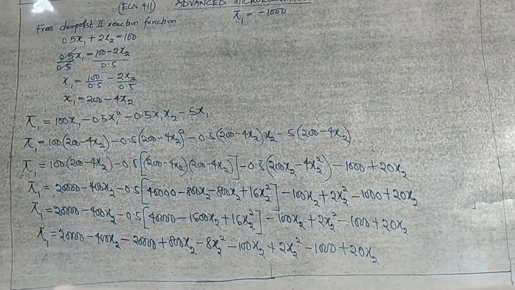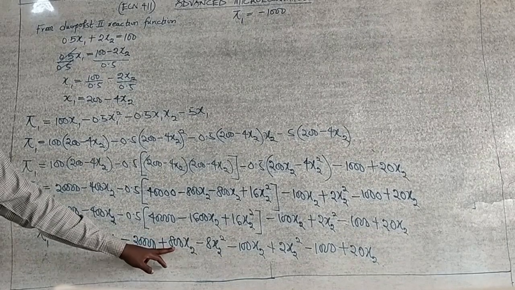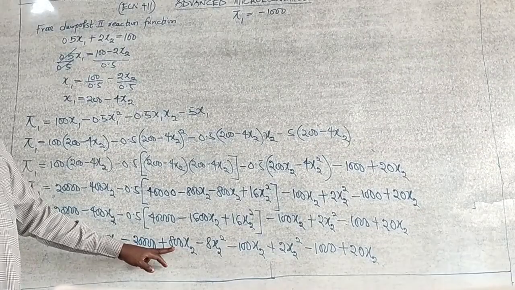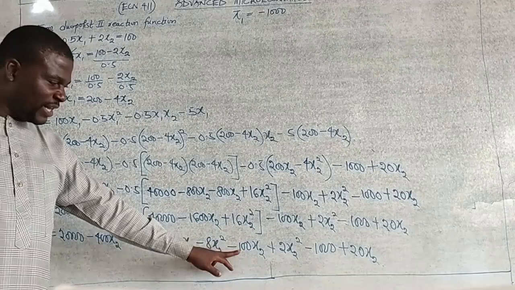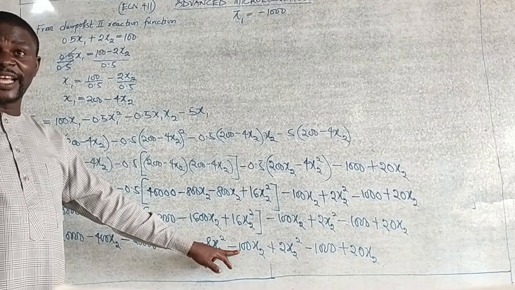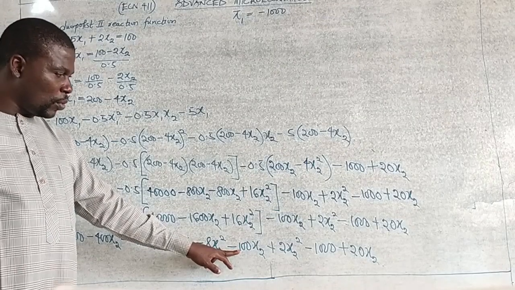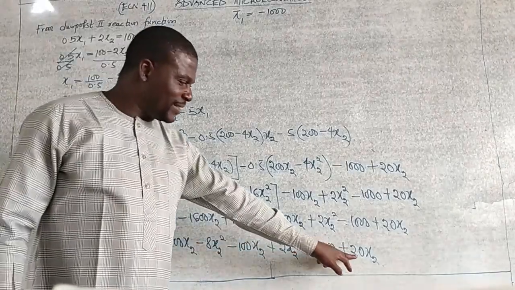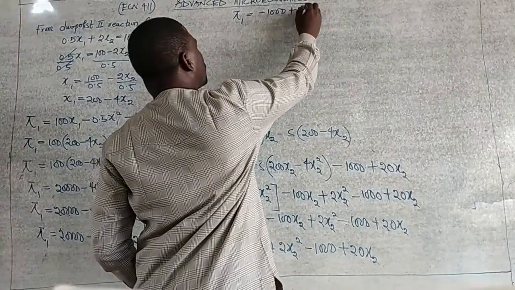Prince, are you following? Then let's look at the ones that have only x2. Minus 400x2 plus 800x2 is 400x2. 400x2 minus 100x2 is 300x2. Plus 20x2 is 320x2.